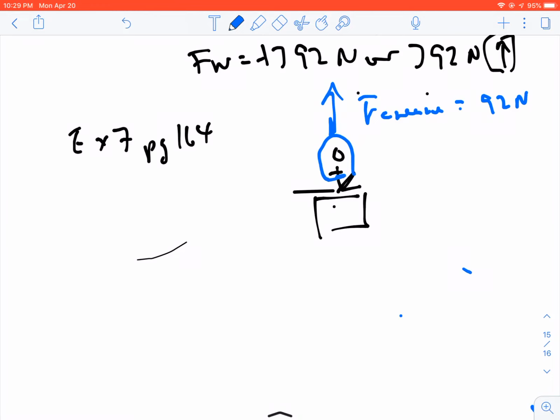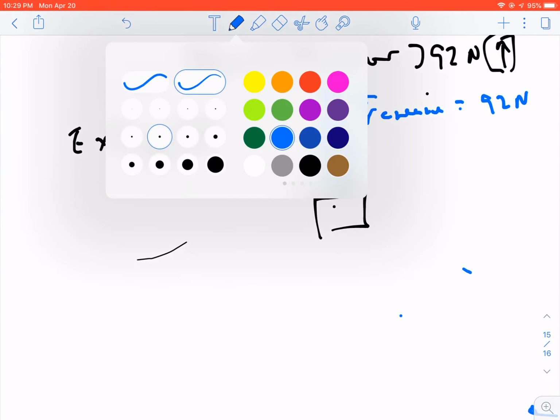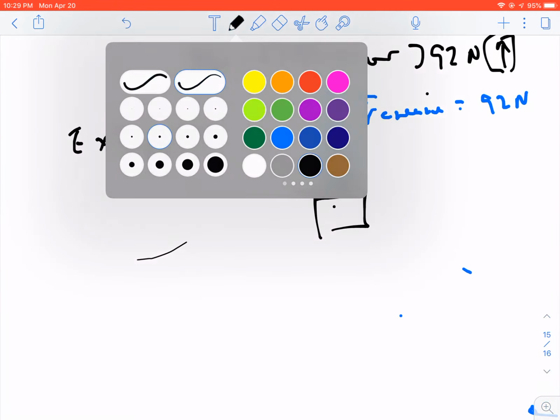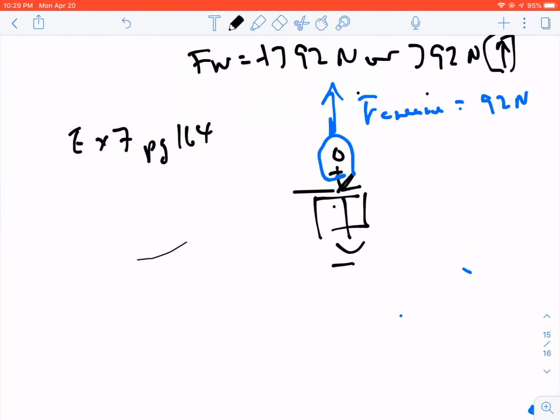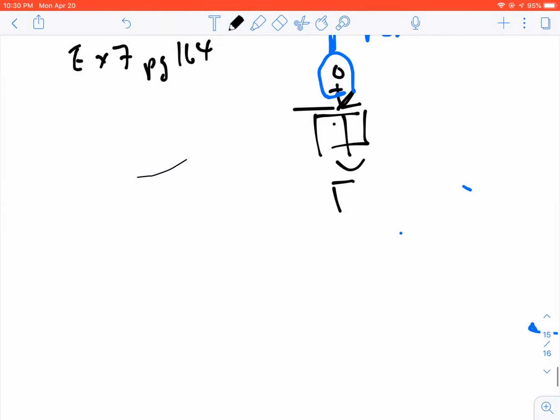I know that while I'm sitting there, let's change back to black now, there's an Fg pulling me down, and we calculated that number in the last question to be 392 newtons. And the crane is pulling up with 92.